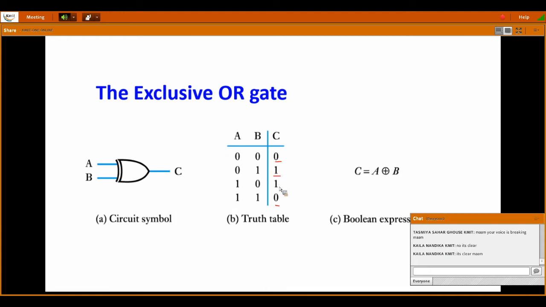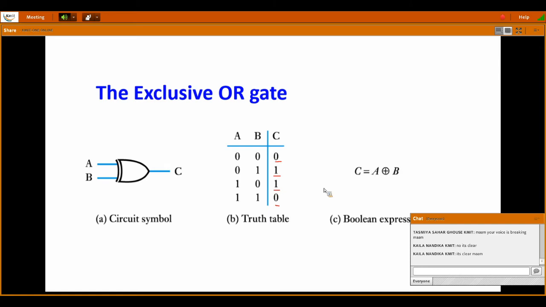This is somewhat different from what we have used so far. Okay, exclusive OR. Remember the term, exclusive OR gate. So this is the symbol. You have a double line at the input side, followed by an OR gate symbol.